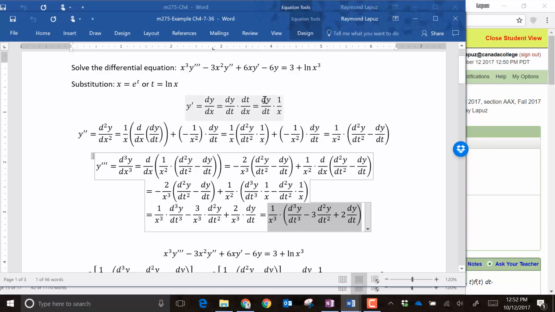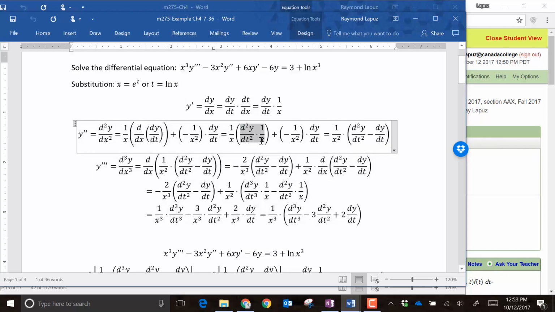The first time it happens, when you just take the first derivative, is the chain rule here, dy/dt times dt/dx. And whenever we come up with a dt/dx, which we're going to come up with a lot when we're taking derivatives of derivatives of derivatives, since we know that t is equal to ln x, the derivative of that is 1 over x. And so that comes up a couple more times in our second derivative.